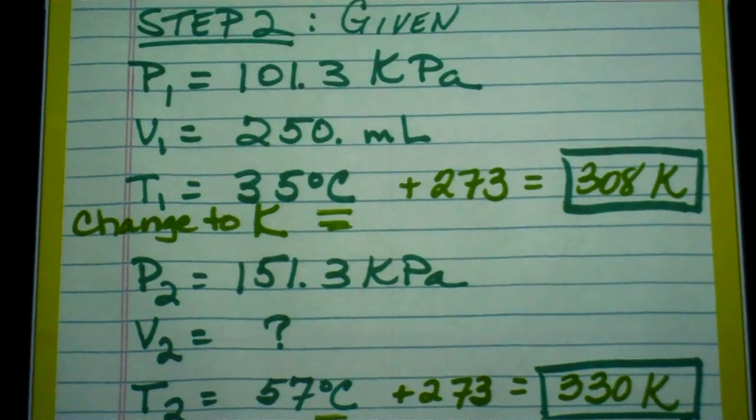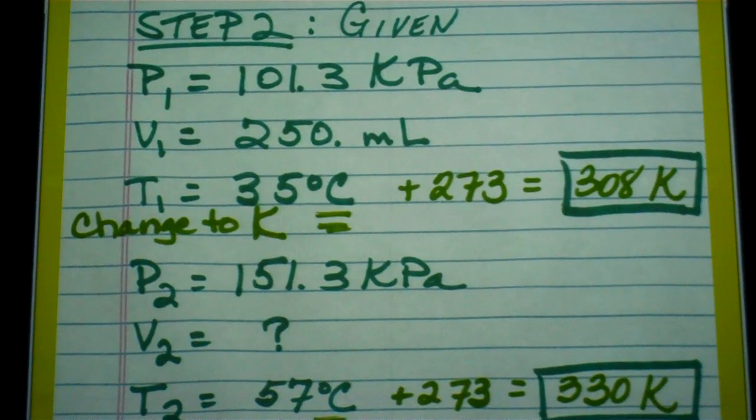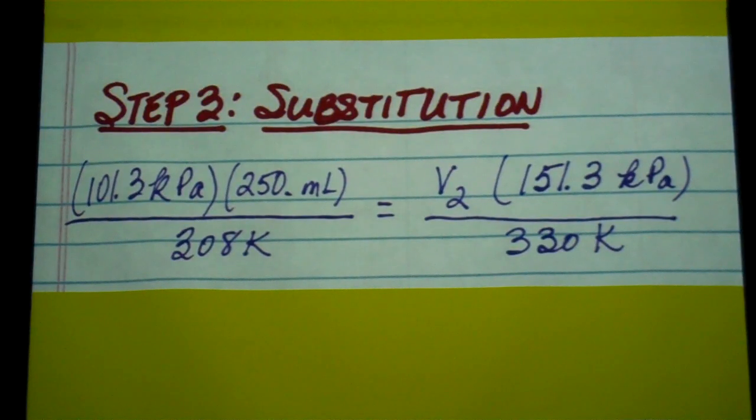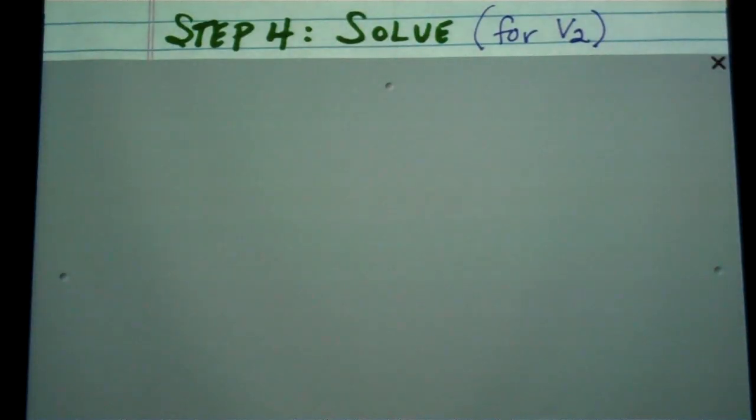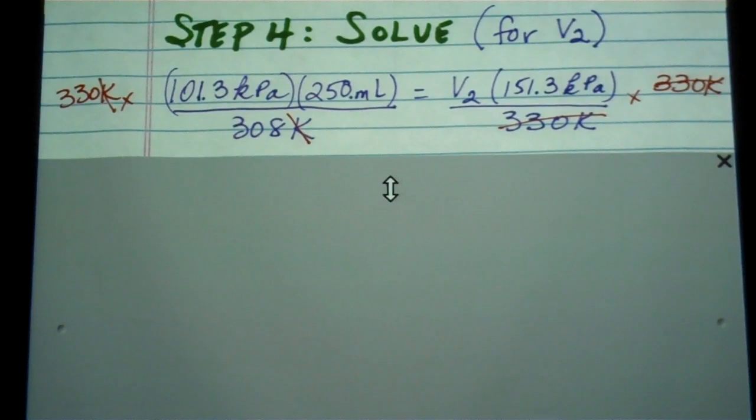The next step is going to be our substitution. We substitute in all the numbers and the units. Now we're going to solve for V2. Therefore, we have to get V2 alone. Here's how we start.